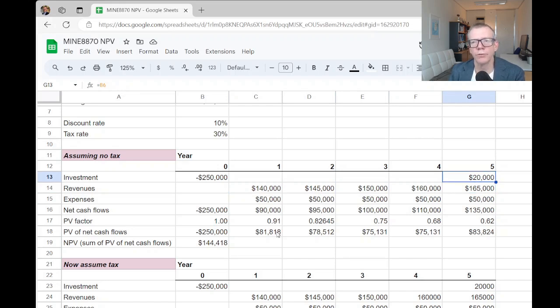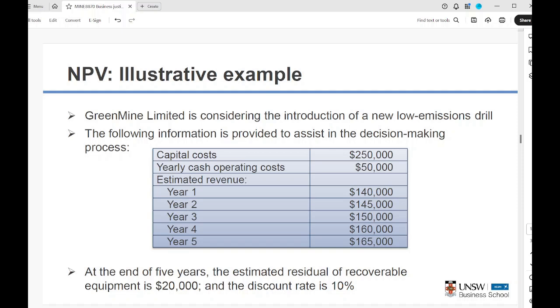Note that I've got up here in cell G13, I've got that $20,000, which is the salvage value of our equipment. The expenses that we have starting in year 1 each year is $50,000. That will give me my net cash flow, and I'm going to get that by taking just the sum of B13, B14, and I'll subtract B15.